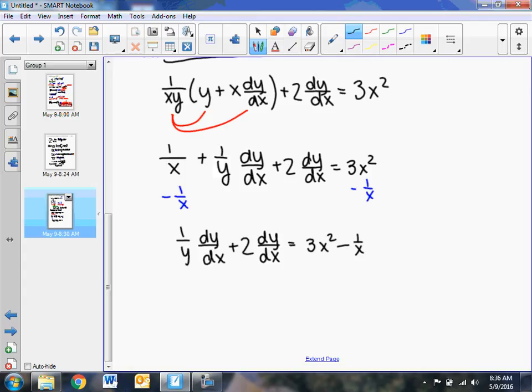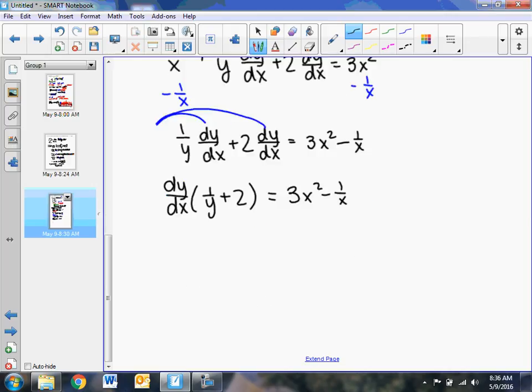And now you see I have a dy dx in common on the left side, so I factor that to the front. And now I just have to divide both sides by 1 over y plus 2.